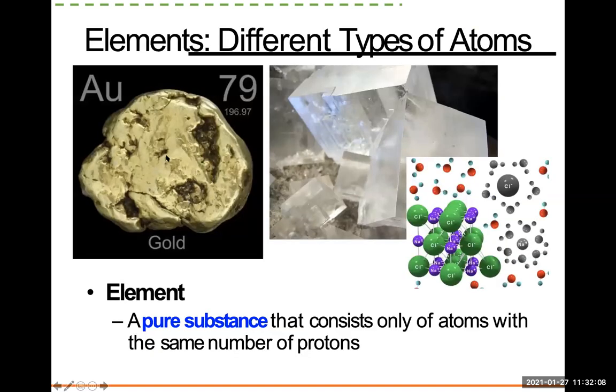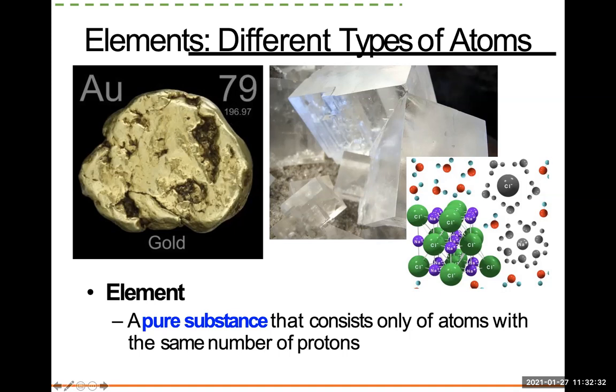Here, this is a nugget of gold. In this picture you see pure gold, and if it's a pure substance, it's called an element. So that's an element. The symbol for gold is Au. These symbols come from Greek or Latin names. I don't know what it means in Latin or Greek, but that's where the symbol comes from.